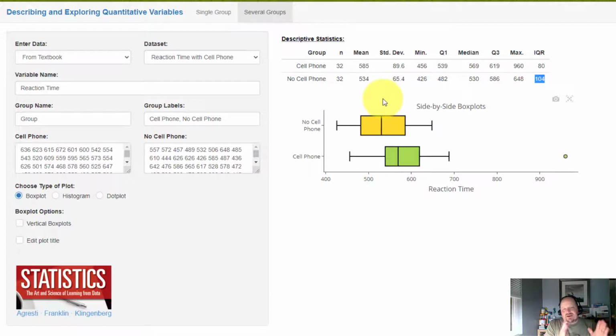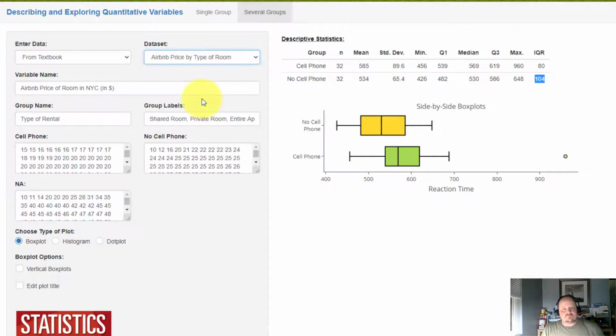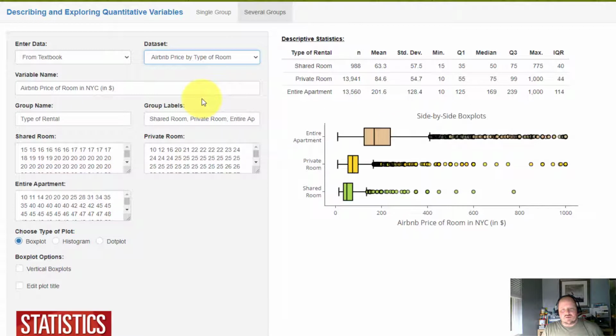So if you picture that, we can see a little bit about how the data are connected, and also how spread out they are. You can go through a few other data sets as well, depending on what you're interested in.